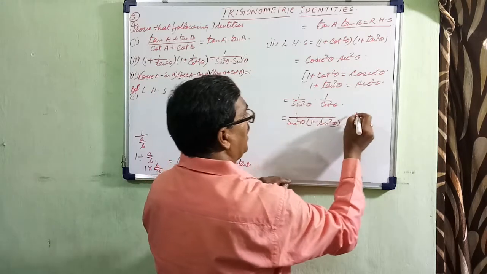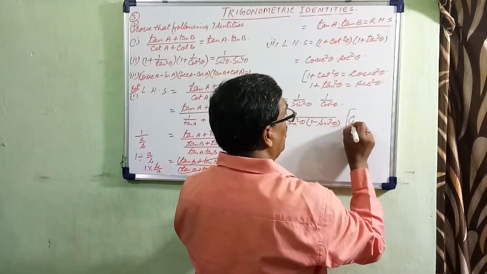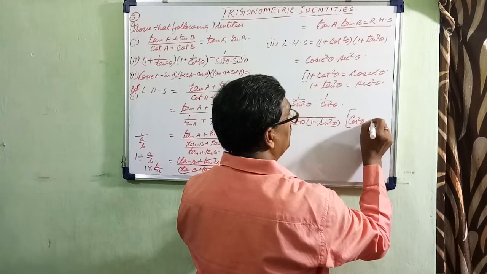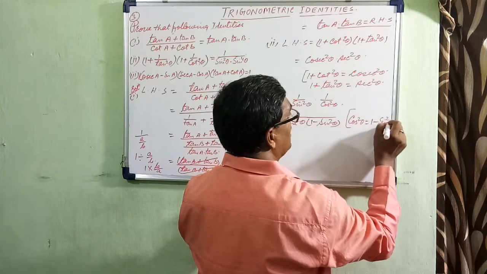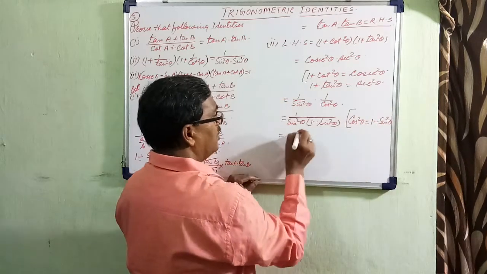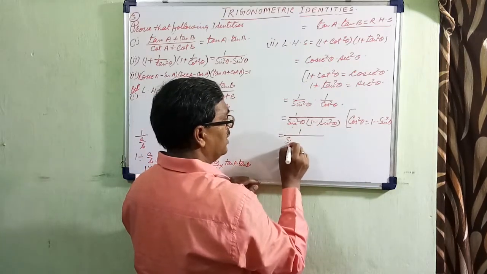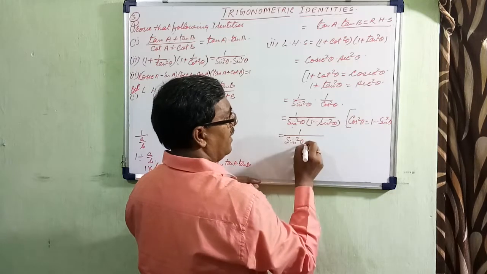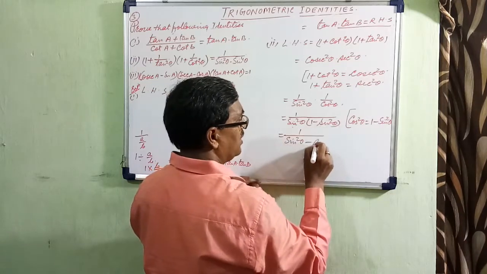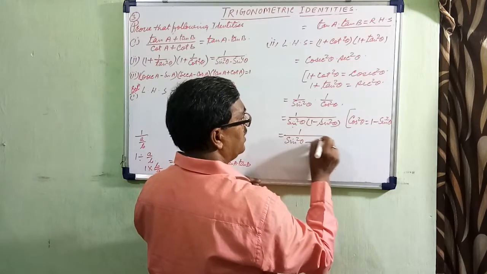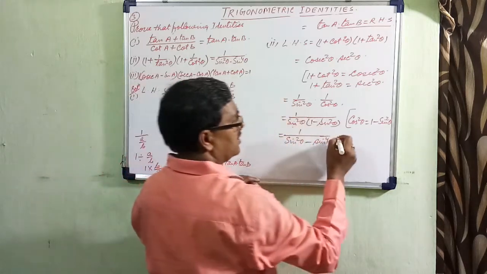Why? Because you can say cos square theta is equal to 1 minus sine square theta, and then the denominator multiply sine square theta into 1 minus sine square theta, that is sine square theta minus sine 4 theta. That was your RHS.